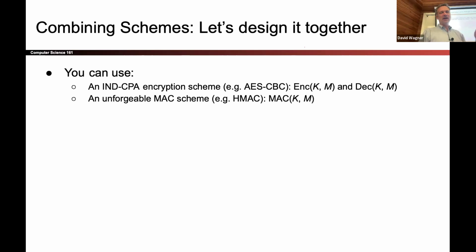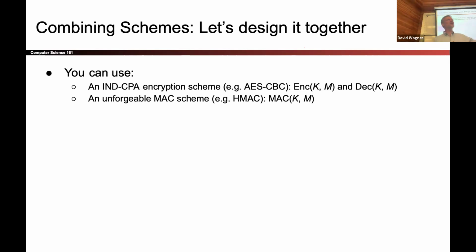I want to invite you to take a moment to think how you might have Alice send a message to Bob by using encryption and message authentication. You can assume that you've got some encryption scheme. Maybe it's AES CBC mode, maybe it's something else. Don't worry about it. And you've also got a message authentication code scheme.